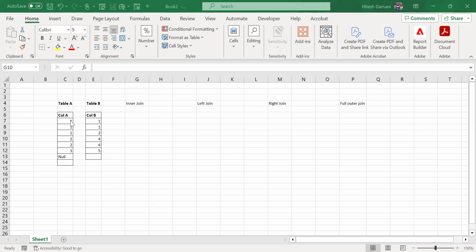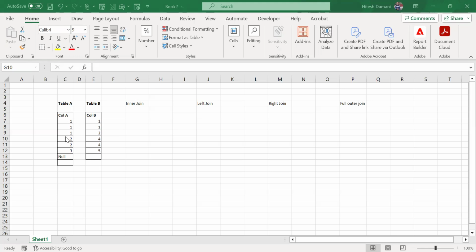We always have to keep this in mind: as and when we have duplicates in our table, we should do a Cartesian product, right? So what do we mean by Cartesian product? Since we have three times 1 appearing in this table and two times 1 appearing in the other table, the result set of inner join will contain the Cartesian product of the occurrences of these ones, right?